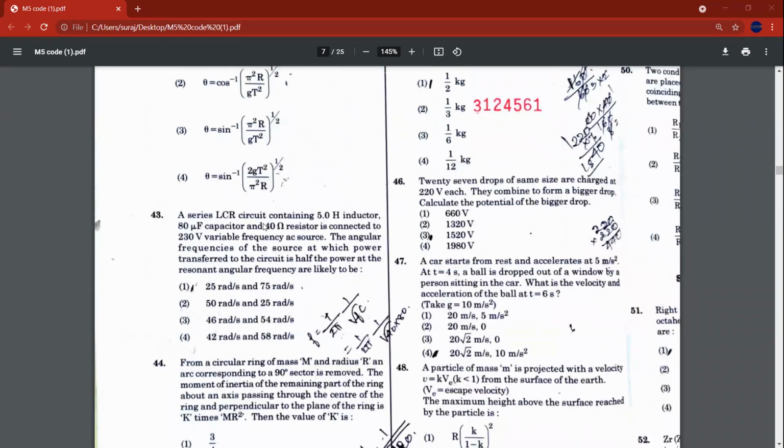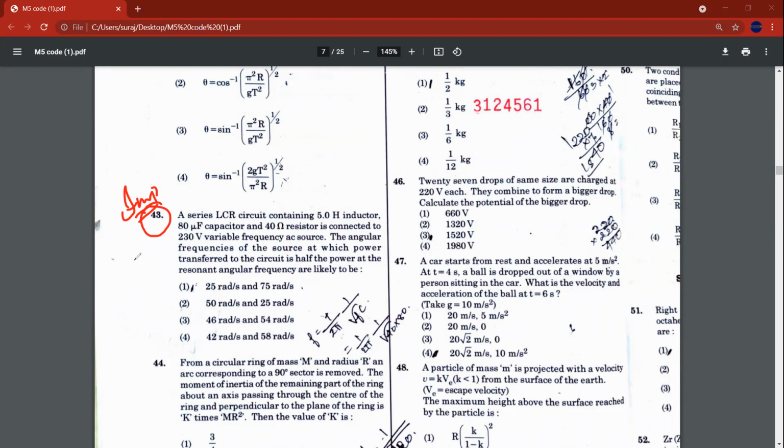I would say this is one of the toughest questions, but it is easier if you follow one formula which is given in NCERT. What is given first? Let's see.